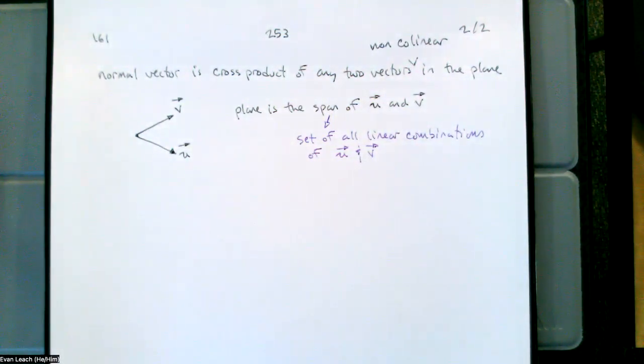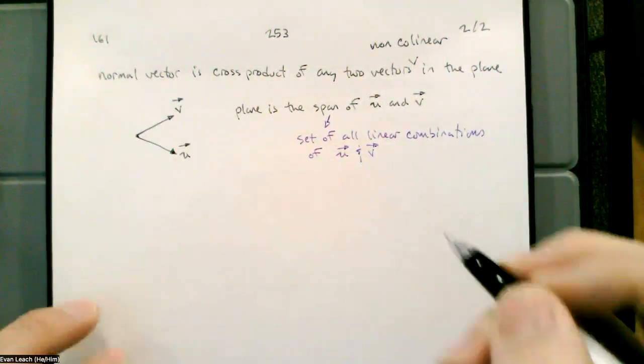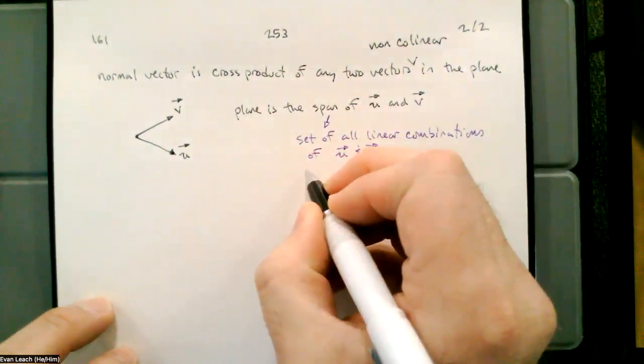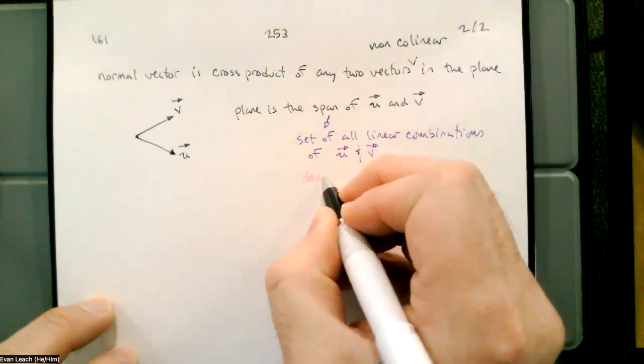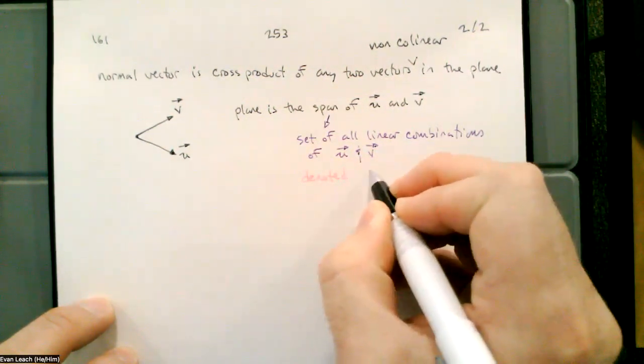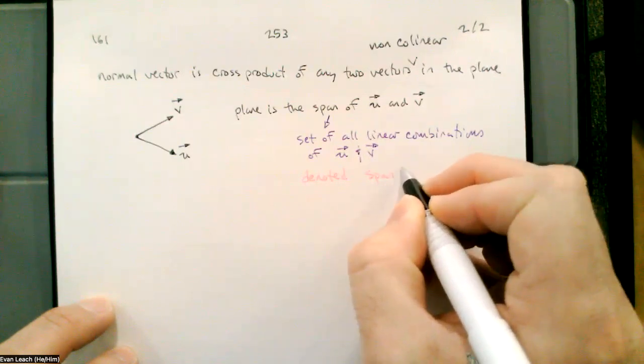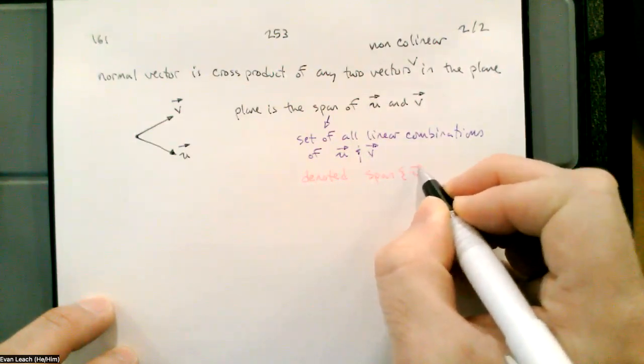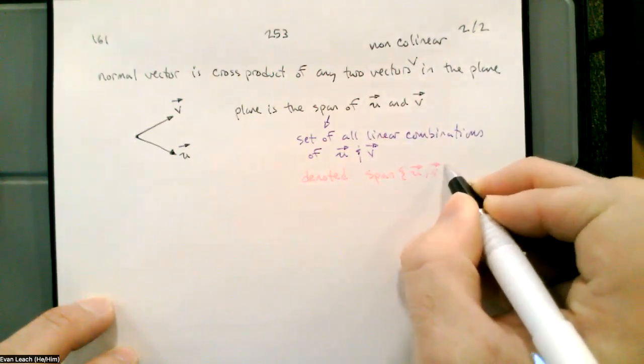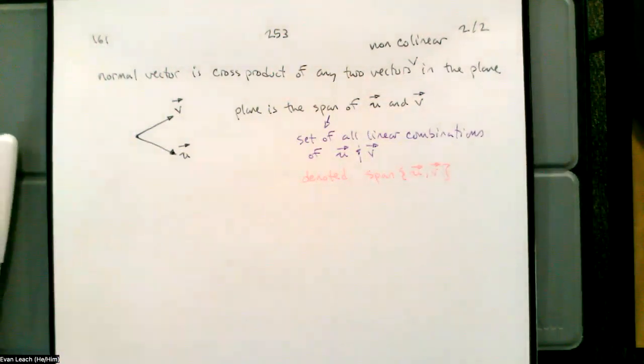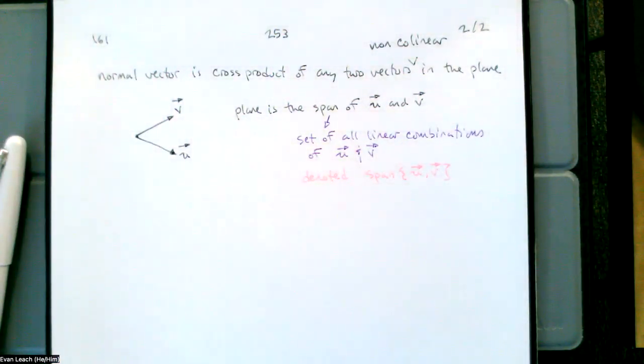We could say that plane is the span of those two vectors. The abbreviation for that is very cleverly span, and then we just write the set of vectors afterwards.